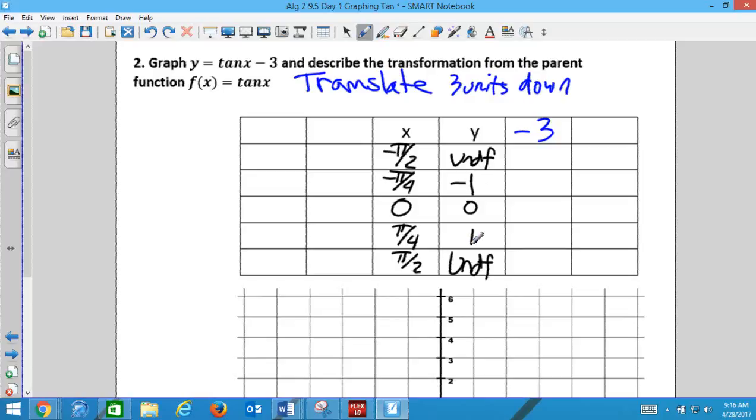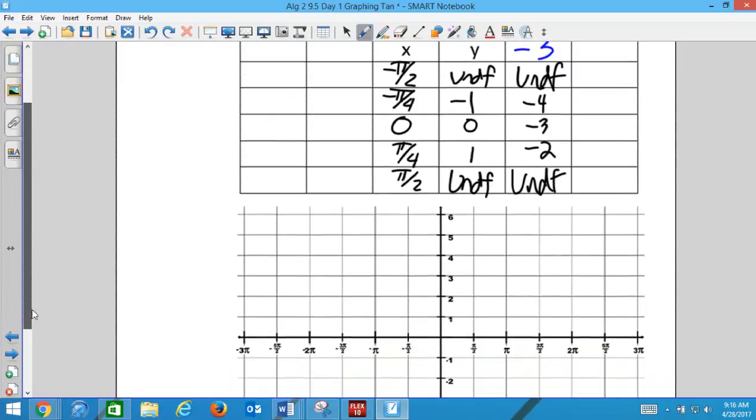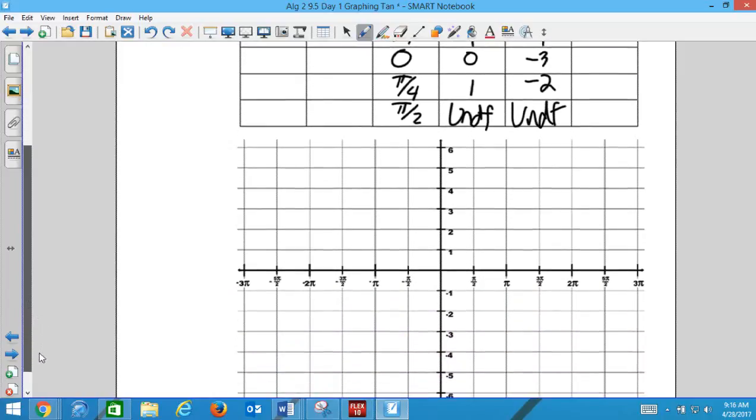If I take an undefined and I subtract 3, nothing happens. Still undefined. So my asymptotes are at negative pi over 2 and pi over 2.